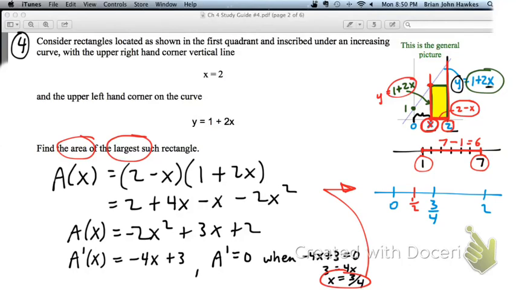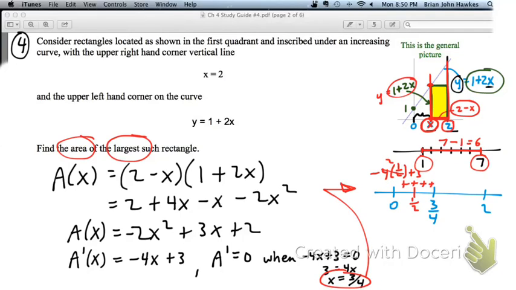A prime at 1/2, using negative 4x plus 3: negative 4 times 1/2 plus 3. Negative 4 times 1/2 is negative 2, and negative 2 plus 3 is positive. So it's positive on that interval.